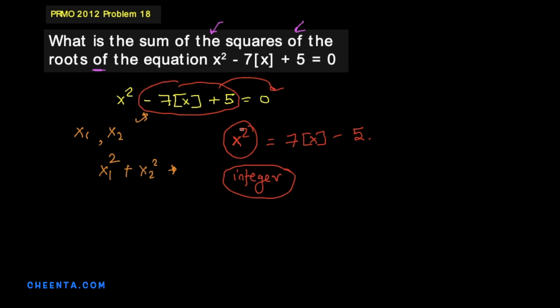After all, if alpha is such a number which satisfies this equation, then alpha square is 7 times box of alpha minus 5. So you already know something about the square quantity which is in the root of this equation. So think about it, take it as a hint, and then come back to the second part of this video. A link in the description will take you there. All the best.